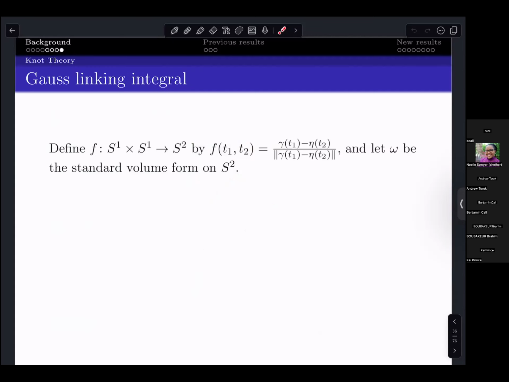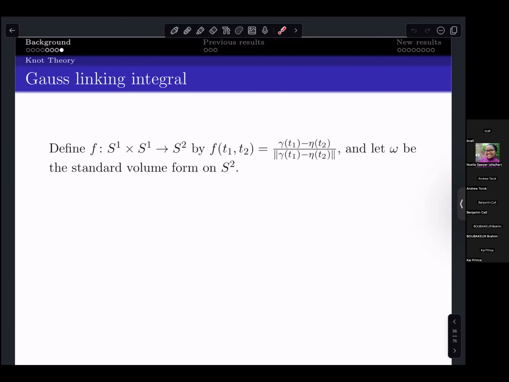There's a way to understand the linking number with an integral. Even though it's an obvious thing, you look at it and see how many times it wraps around, you can find it out using an integral. So you look at this map, which takes 2 points on the circle, T1 and T2, and looks at the direction vector between time T1 on one knot and time T2 on the other knot, gamma and beta, and then projects that onto S2.